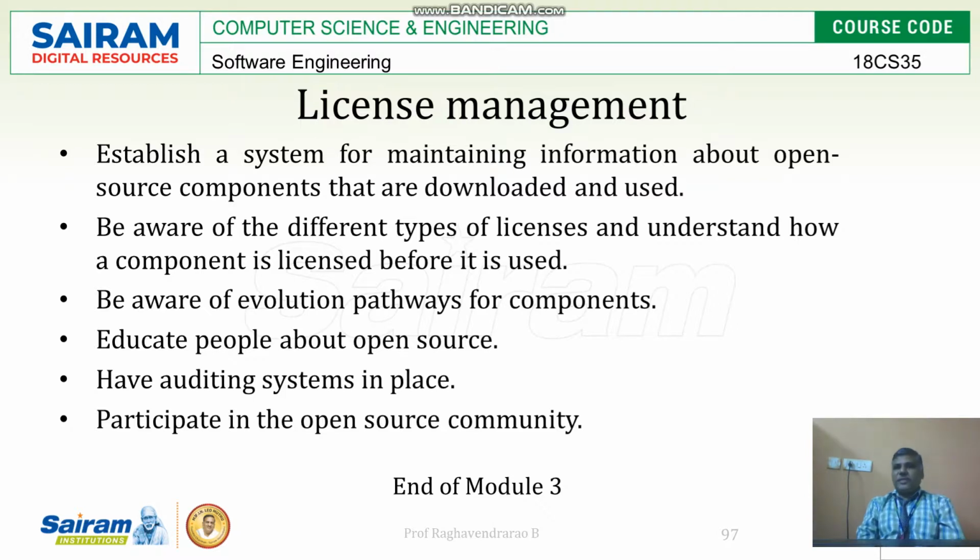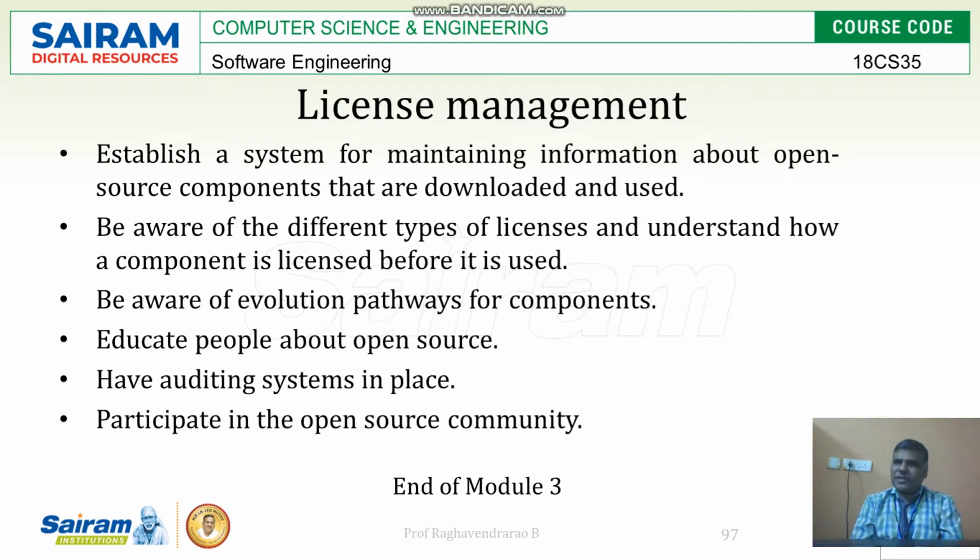Finally, license management, where we discuss how we are going to use this licensing. To manage an information system, open source components are downloaded and reused. You can download as well as reuse them. Whenever you download, you will be asked to accept some licensing.